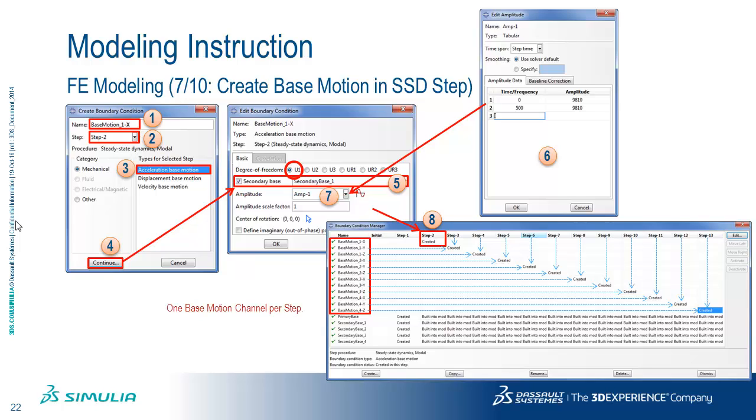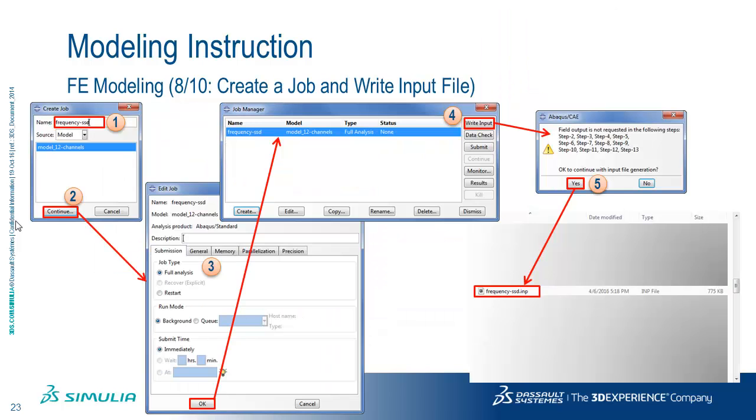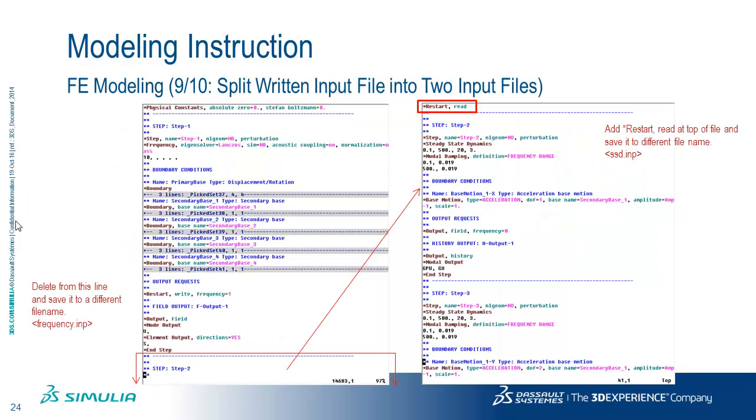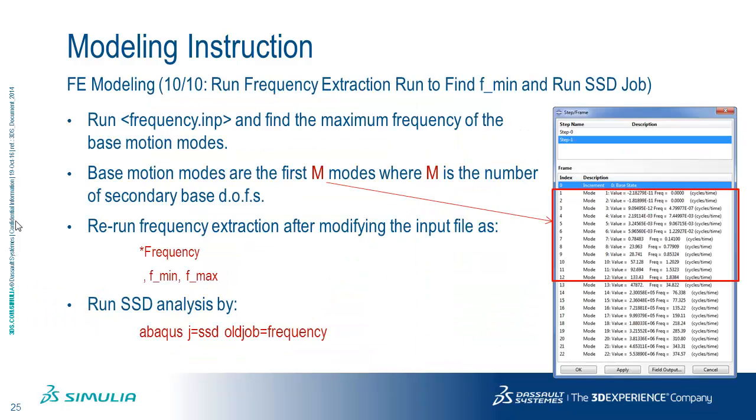And then you can create a base motion so that you are assigning the proper excitation procedures, okay? And then you create a job, input file, and run those two files. Then you can get two ODB files.